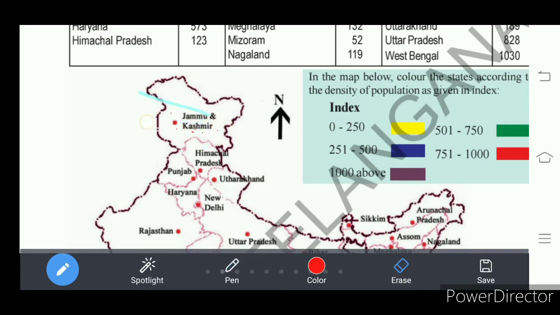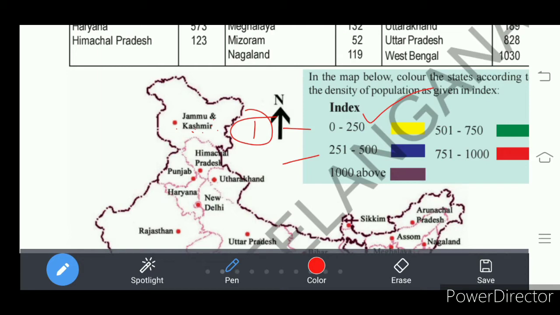So that will reveal, or we can classify this population into certain divisions. How? Look here. There is an index given here. 0 to 250 is one division. Next, 251 to 500. What are these 250, 500? It is the population density, or density of population.